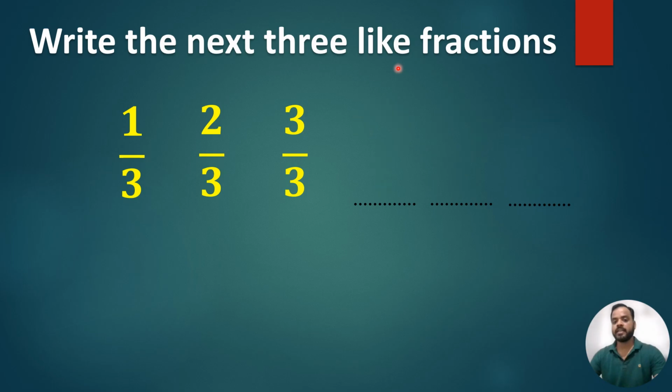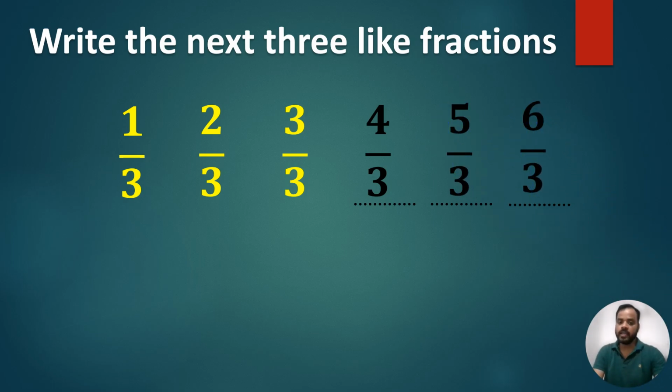So we have to write the next 3 like fractions. So 1 by 3, 2 by 3, 3 by 3. So what will be the next like fractions? 4 by 3, 5 by 3 and 6 by 3.